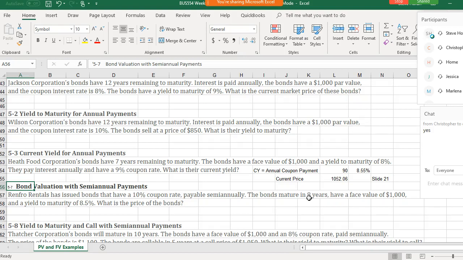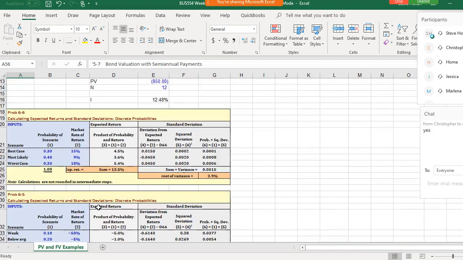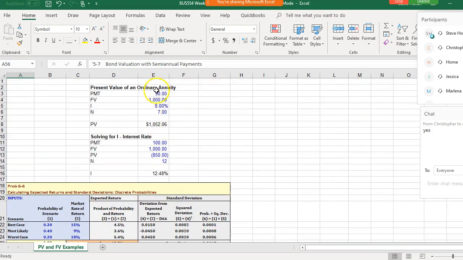Also, the coupon rate, 10%, that's an annual coupon, so I have to divide that by 2 to make it a semi-annual number. My coupon rate is 10% divided by 2, and my yield to maturity is 8.5% divided by 2. So I take the interest rates and cut them in half, and I double the n. That's the process you have to go through when you're doing a semi-annual conversion.